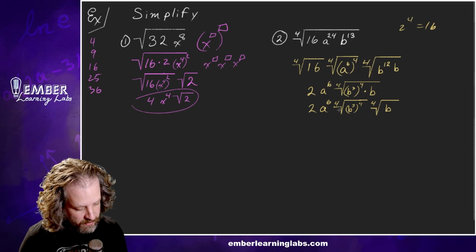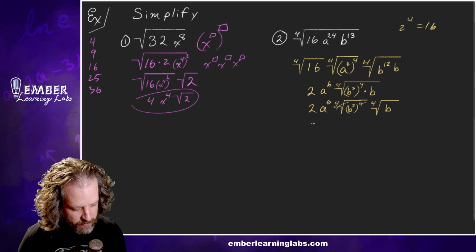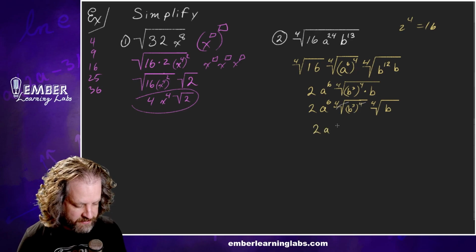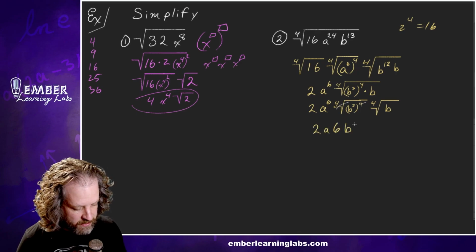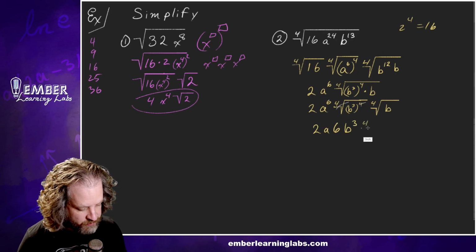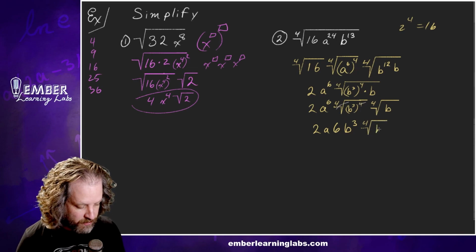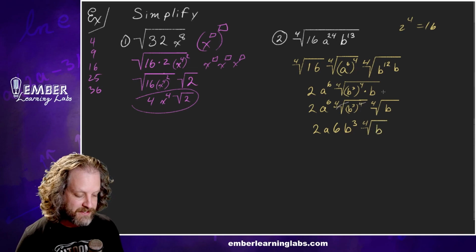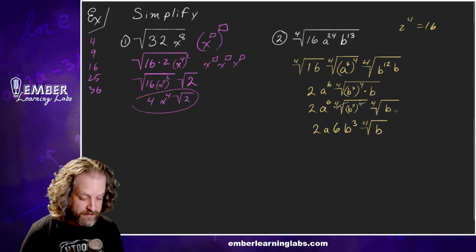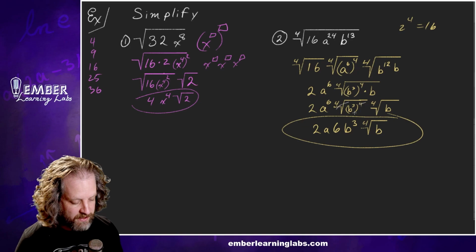On this one, fourth root and fourth cancel, so we end up with 2a to the 6th b cubed times the fourth root of b. Make sure your handwriting works well so we don't think that it's 34. You might even put a times if you feel like it's going to look confusing. But there we go.